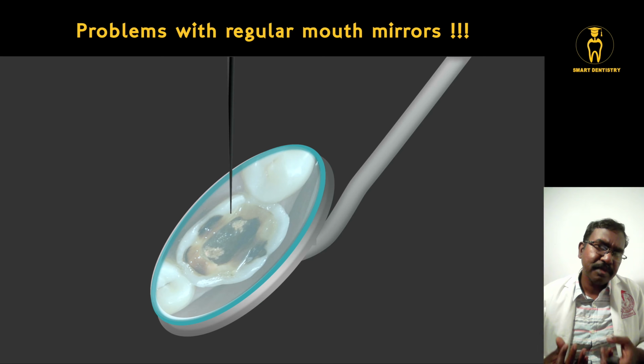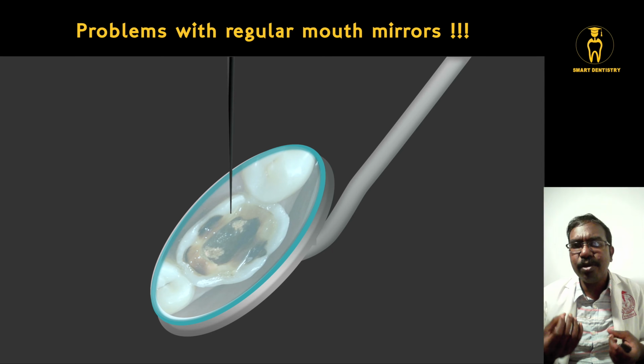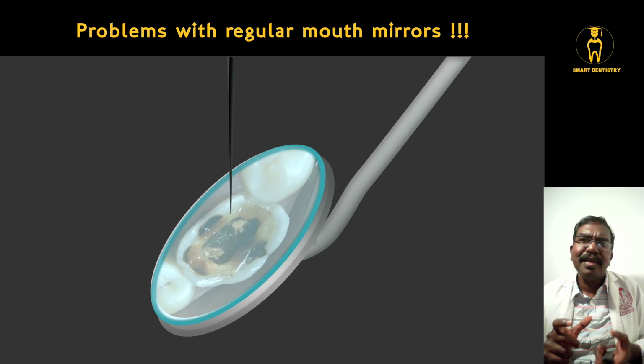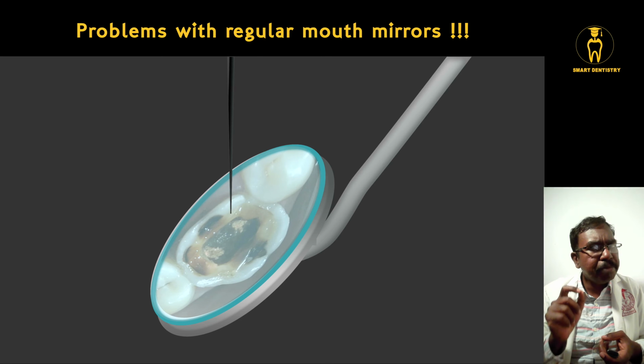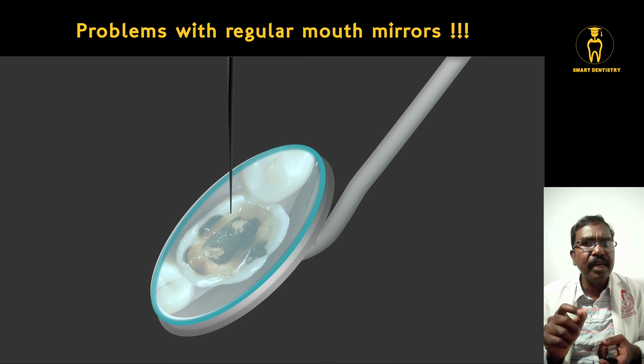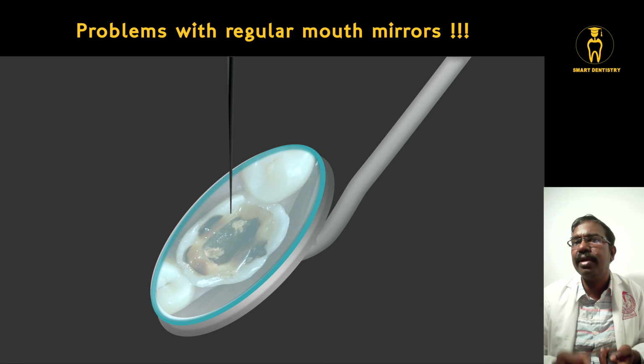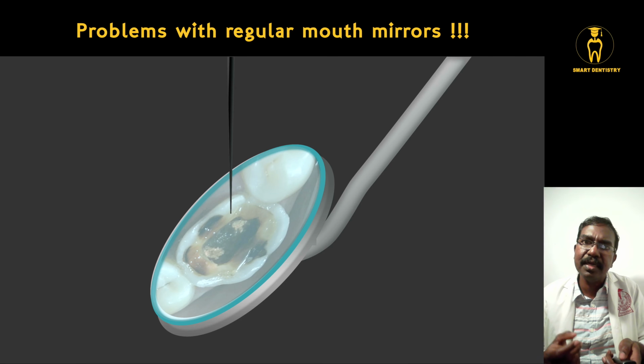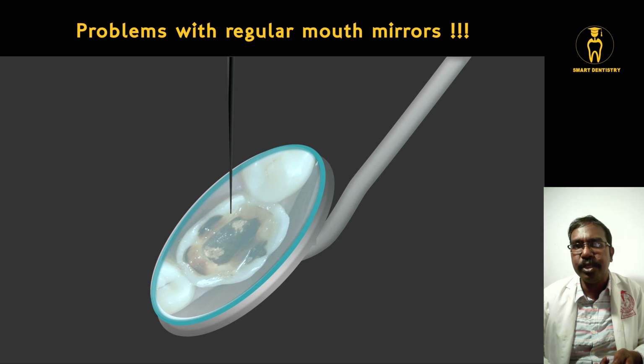In endodontics, while doing root canal treatment, especially locating an orifice or trying to touch the orifice with a probe or a file, even if there is a small discrepancy, maybe 0.5 millimeter, you will not be able to pinpoint and place that file or probe exactly into the location that you are expecting. Why? Because there is a difference between the image you are seeing in the mirror and what is actually present in the tooth.